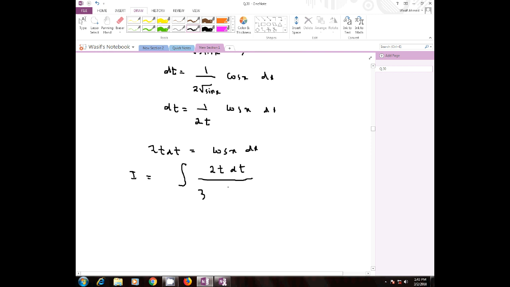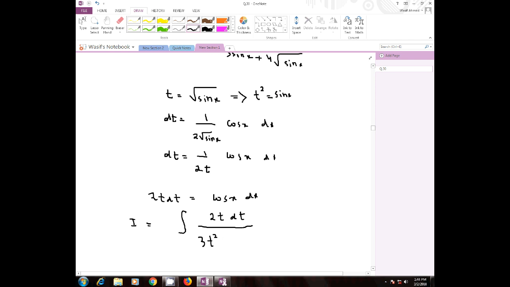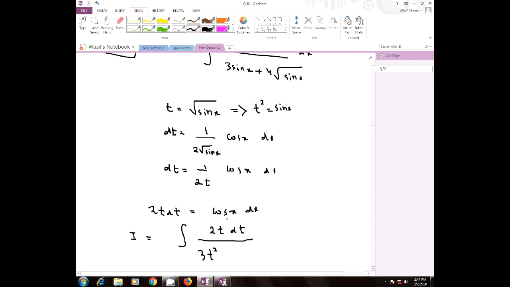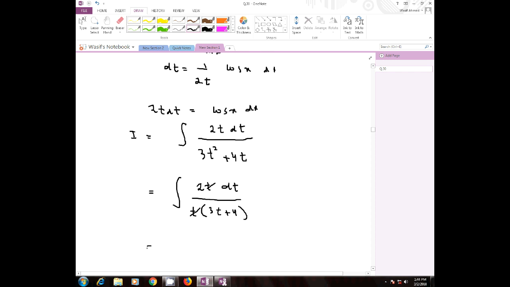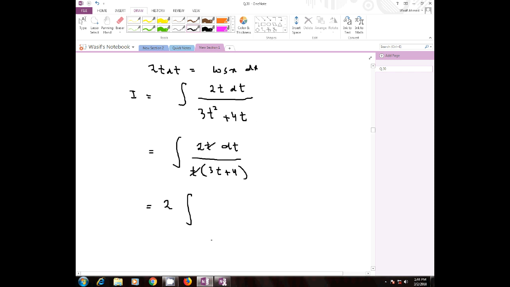So you have 3t square plus 4 square root sin x, that is plus 4t. 2t dt divided by, take t as common between the terms in the denominator, 3t plus 4. t gets cancelled with t, and you have 3t plus 4 whole raised to the power minus 1.